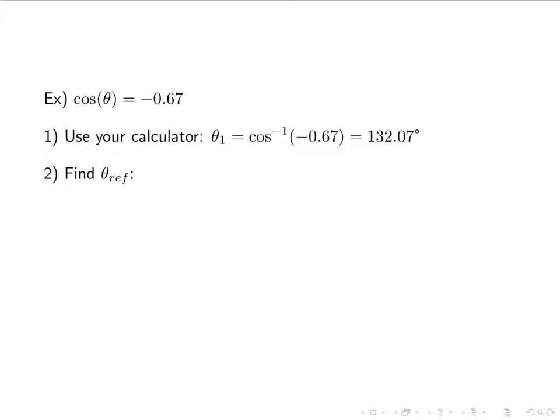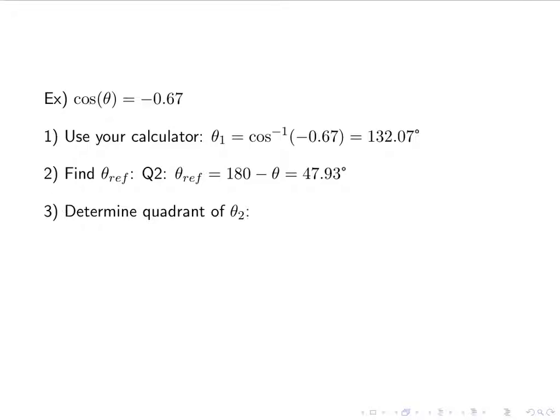So we're going to use the fact that it's quadrant 2 to find our reference angle. Our reference angle for quadrant 2 is 180 minus theta, and we get 47.93 degrees. Notice that this is in fact between 0 and 90, which means that I chose the correct equation. Next, we need to determine the quadrant of theta 2. Again, we go to All Students Take Calculus.